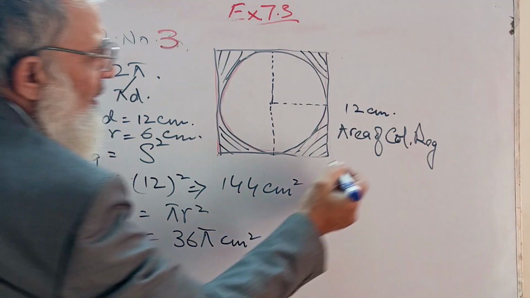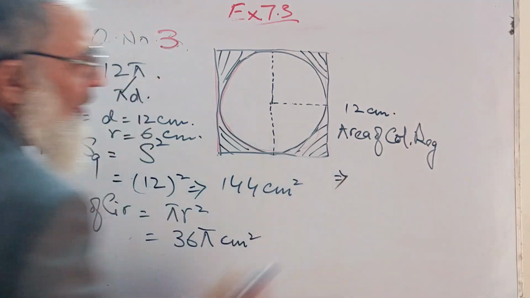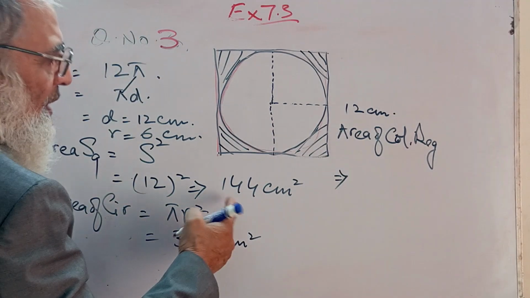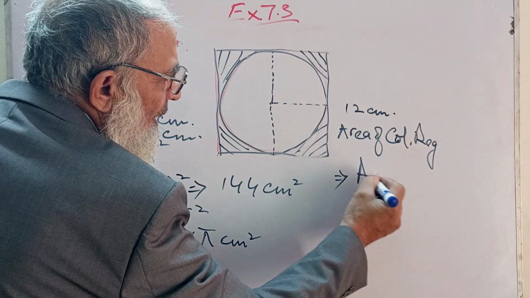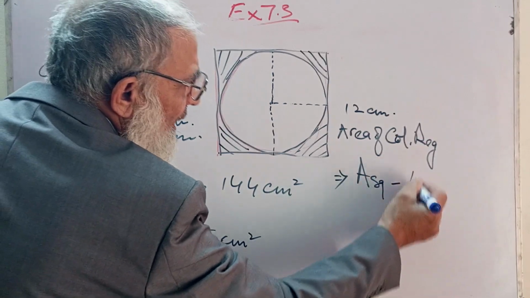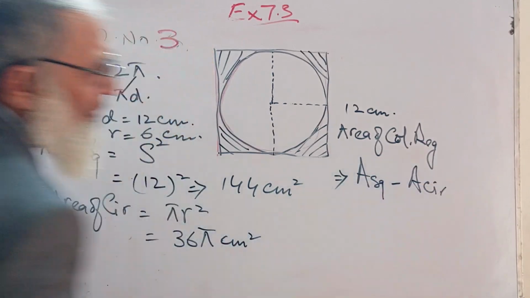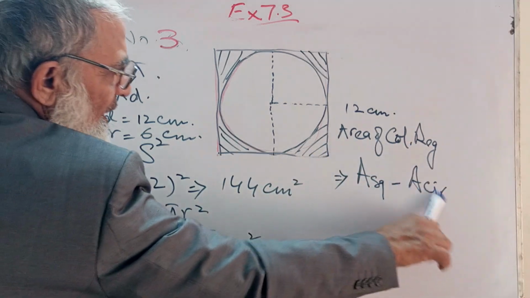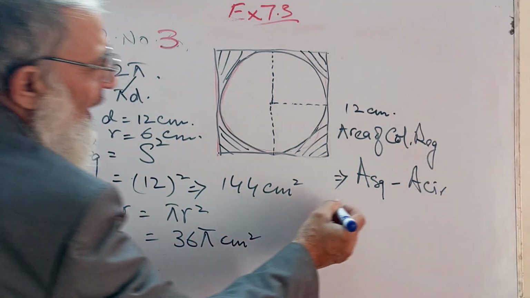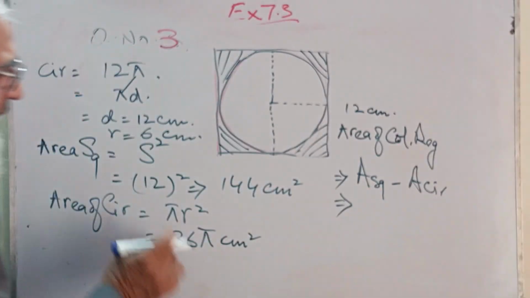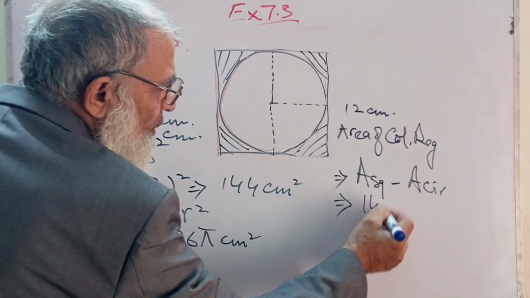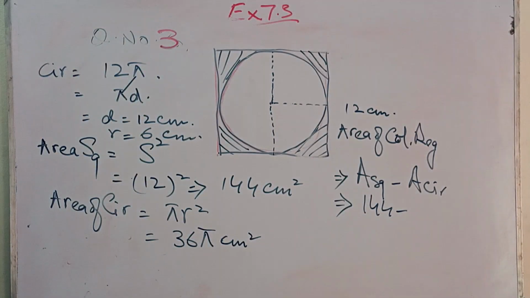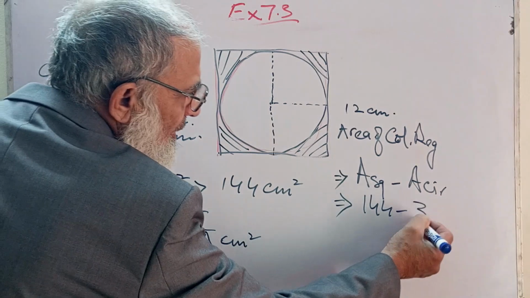So the corners of the square are equal to area of square minus area of circle. Area of square is 144, minus 36 pi.